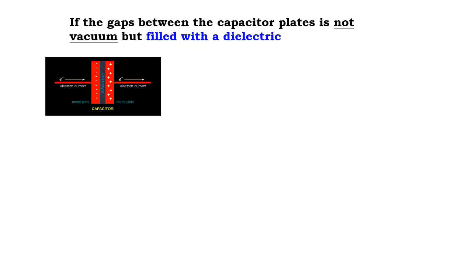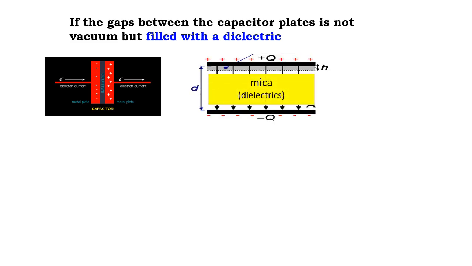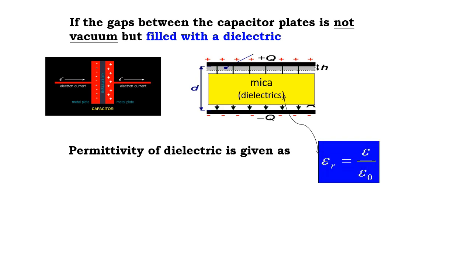If the gap between the plates is not a vacuum, but we insert a dielectric such as mica, we have to use the permittivity of the dielectric, which is given by epsilon r equal to epsilon over epsilon naught, and we can rearrange the formula as epsilon r epsilon naught equal to epsilon.